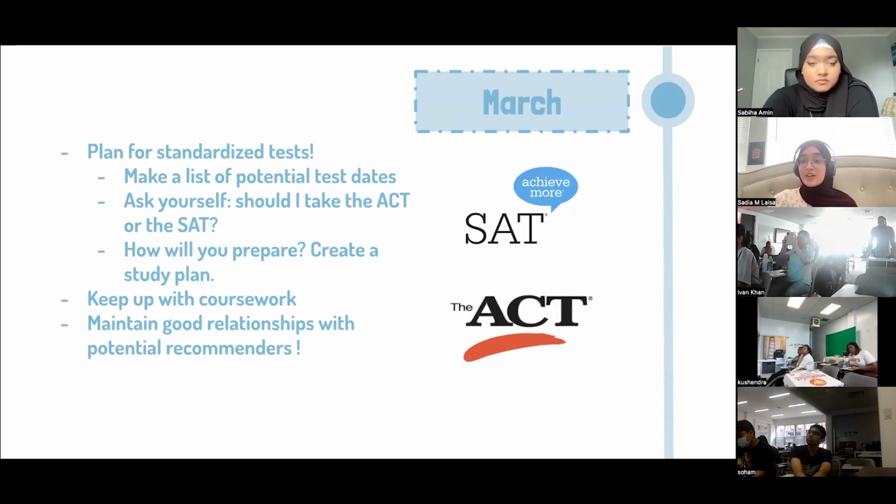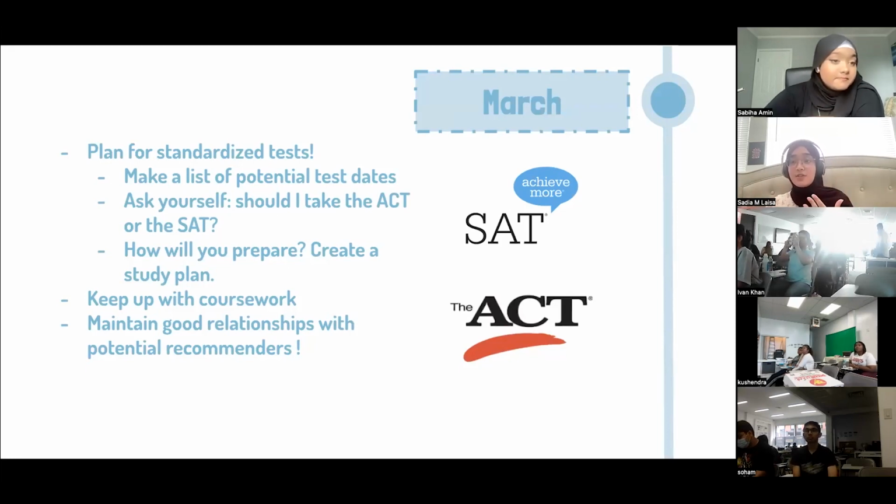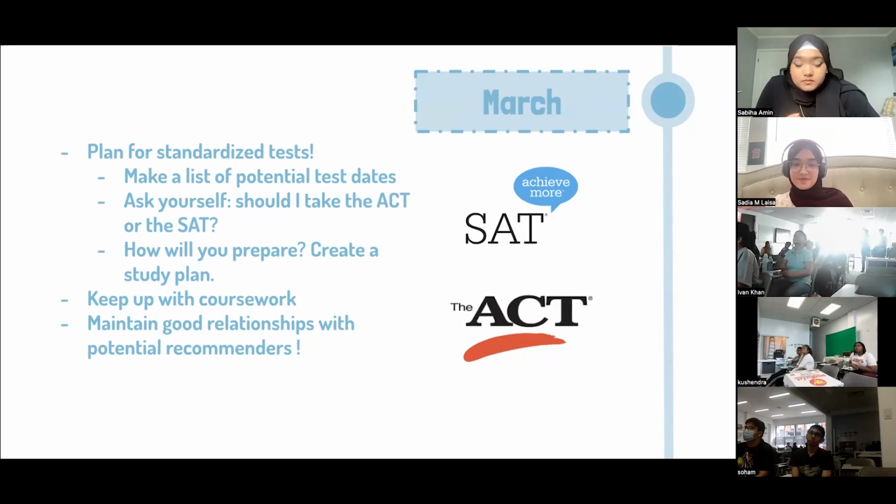So if you take it earlier, you're going to have some time in the middle to improve scores if you need to take the second one. Because if you take them a month away from each other, and you don't make that significant improvement, it's only going to take a toll on your mental health. And also, not showing that growth might not be that helpful to you in the long term.